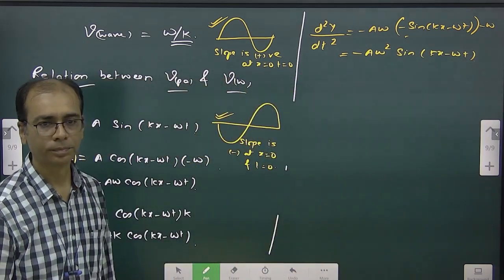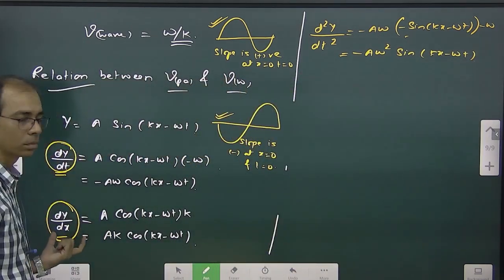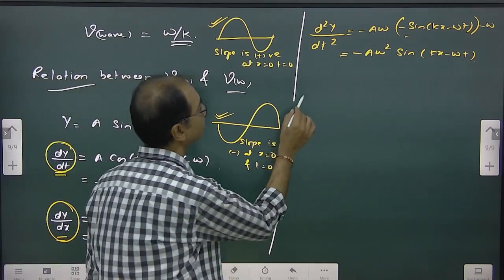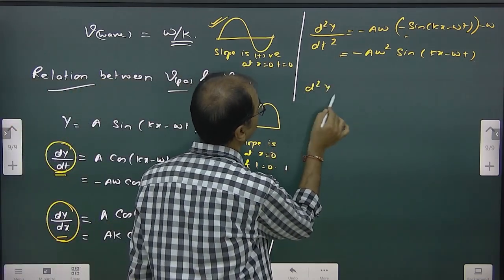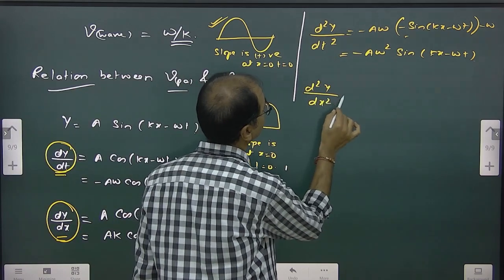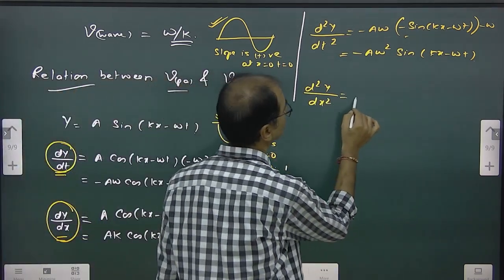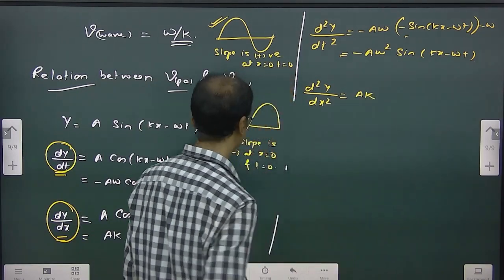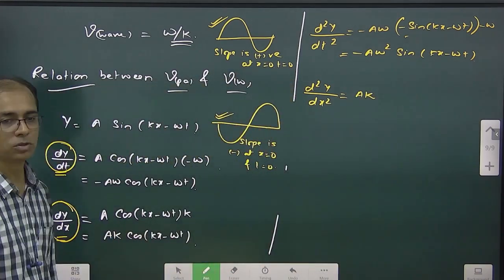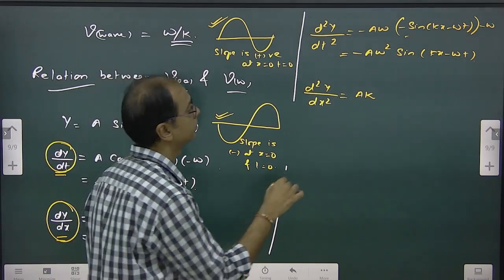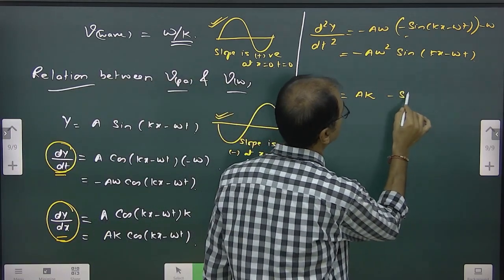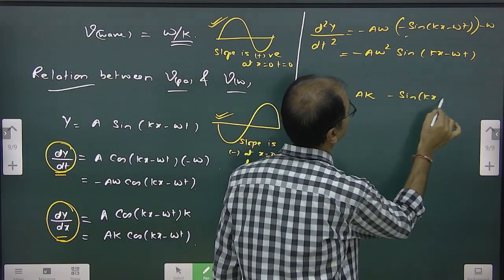Then, now this also, one more time. So d square y by dx square. Okay. Ak as it is. Then differentiation of cos kx minus omega t. So again minus sine kx minus omega t.